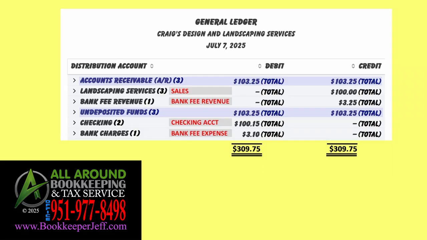And then when that got paid, it was credited and the amount added to undeposited funds because payment was received. Then once we actually took that payment and made the bank deposit, the amount was removed from undeposited funds. So that's why those are showing up. They're canceling each other out. Those really are not the line numbers we're concerned with. We're concerned with the other four lines.